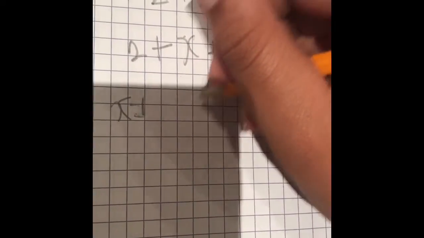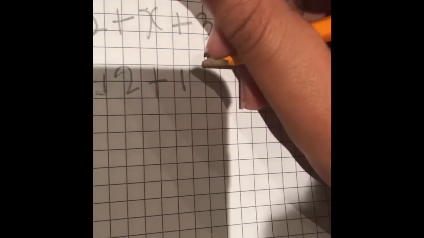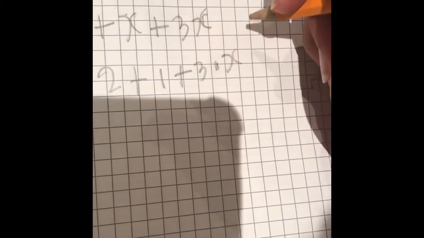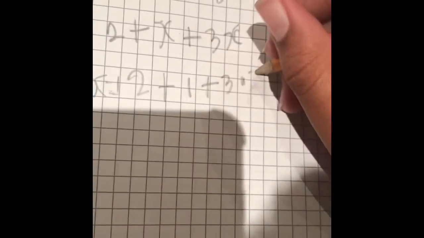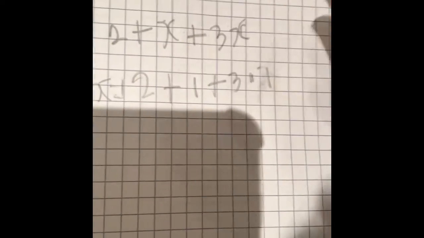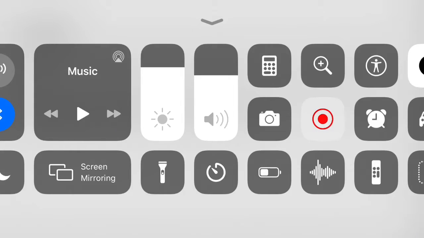So that means we would write the equation again, but replace all the x's with 1. And when there's an x right next to a number, that means when you find the value of x, you multiply it by the number in front of it.